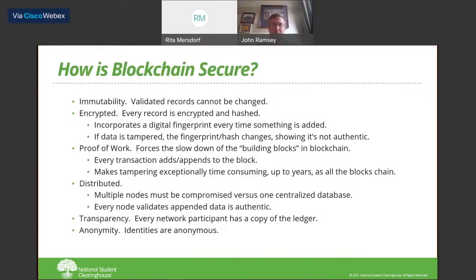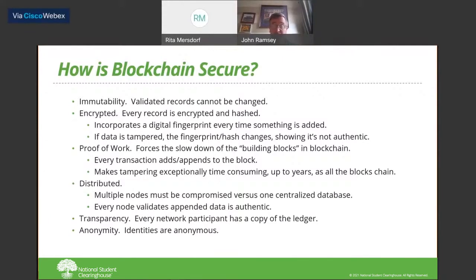So let's talk about some of these high-level concepts. The first and foremost, if you hear blockchain, it's almost impossible not to hear the phrase immutability. And that is a very fancy way of saying validated records can't be changed. Nothing gets rewritten. The data can't be altered by the student or the institution or the employer.